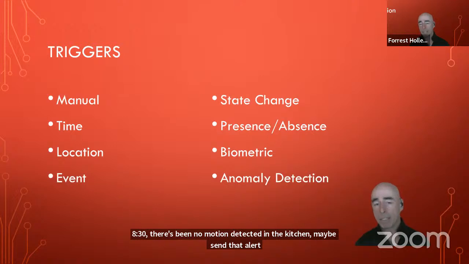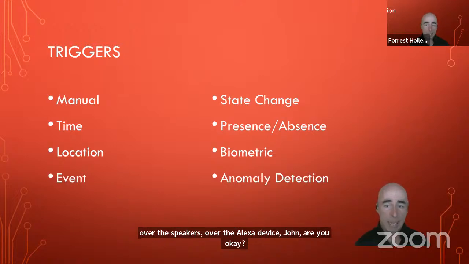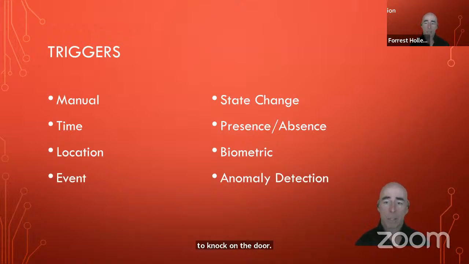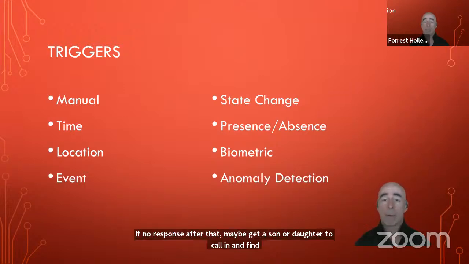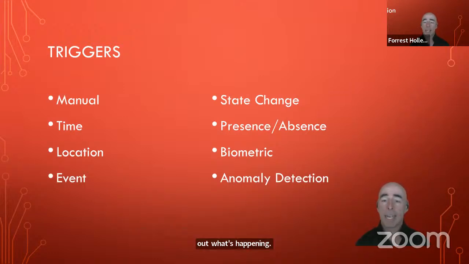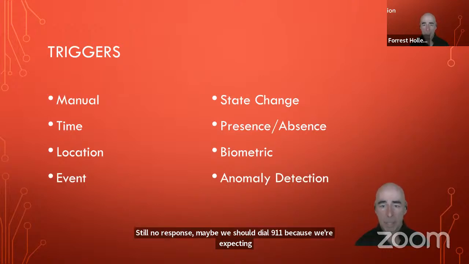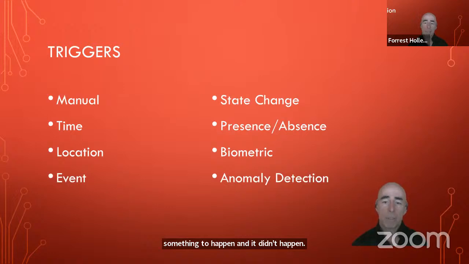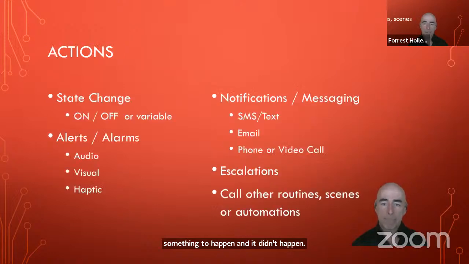If no response, then maybe a minute or two later, get a next door neighbor to go knock on the door. If no response after that, maybe get a son to call or a daughter to call in and find out what's happening. And if still no response, maybe reach out and dial 911, because we're expecting something to happen and it didn't happen. So that's another trigger that's oftentimes used in this particular environment.